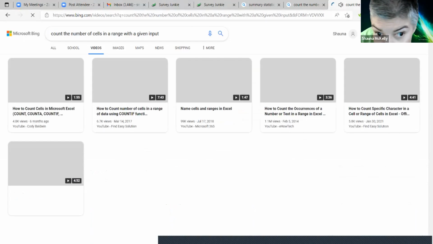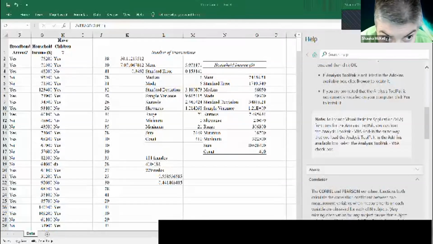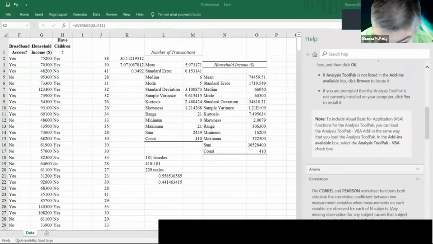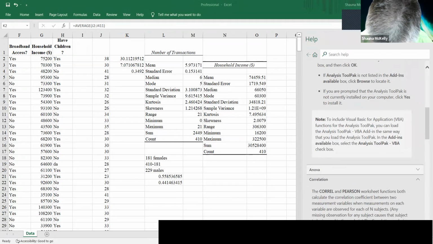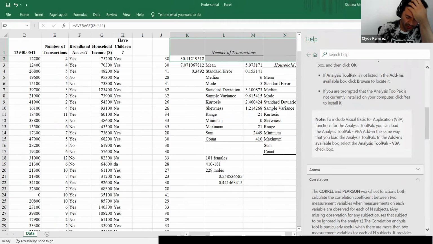So that would mean that we would do, okay, let me stop sharing this. Let me go here. And we're gonna go back to Excel. So we're looking for the number of people. It says compute the proportion of respondents who plan to make a real estate purchase in the next 2 years.